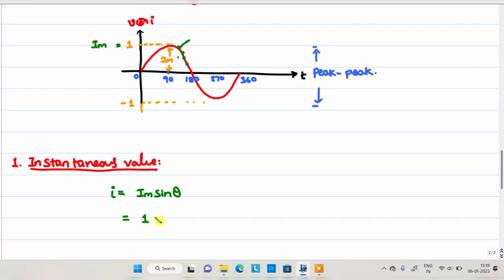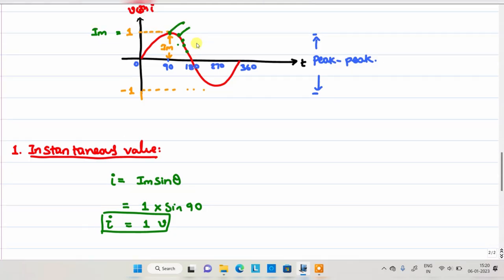So 1 into sin 90. Sin 90 is equal to 1, that is 1 volt. So what is the value at that particular instant? 1 volt. So in that particular instant the value is 1 volt, like that. The instantaneous value means the magnitude at the particular phase angle. That is the instantaneous value.